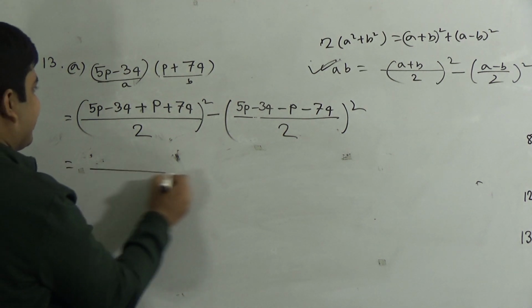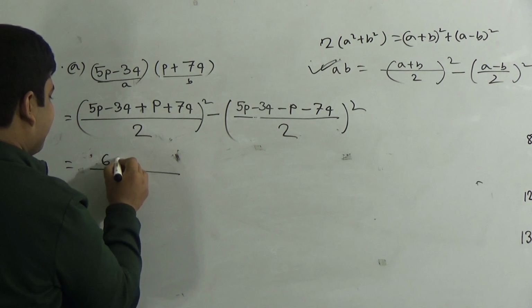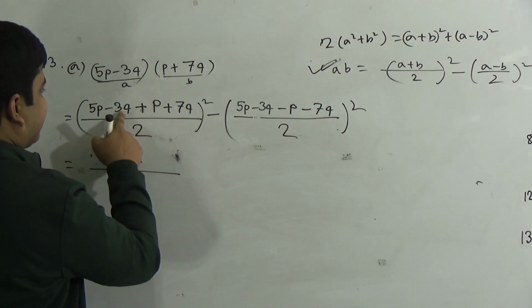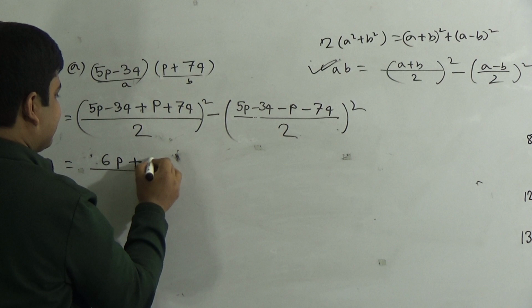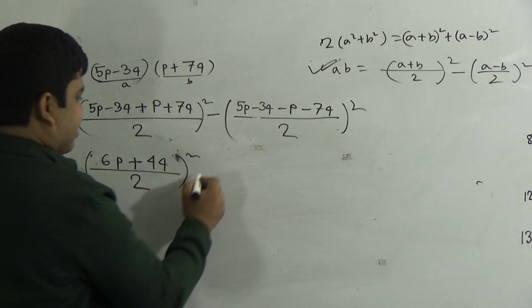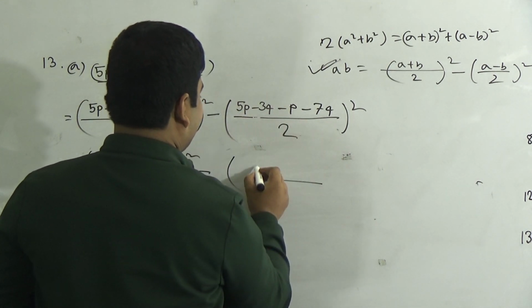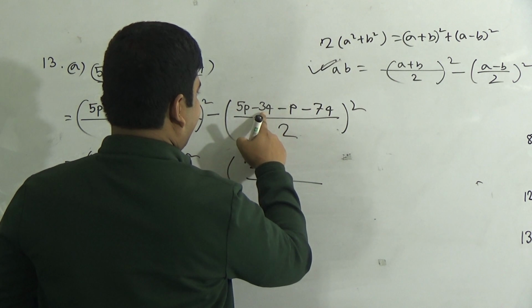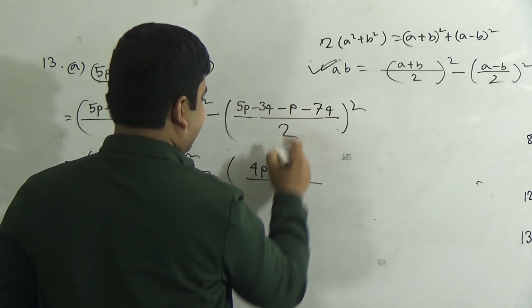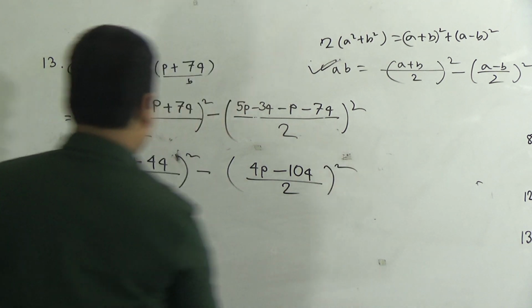Okay, now we do addition, 5p plus p, that means it is 6p. If we add minus 3q and 7q, then we get 4q, by 2 whole square, minus, if I subtract p from 5p, then we get 4p. If we add minus 3q with minus 7q, then we get minus 10q, by 2 whole square.